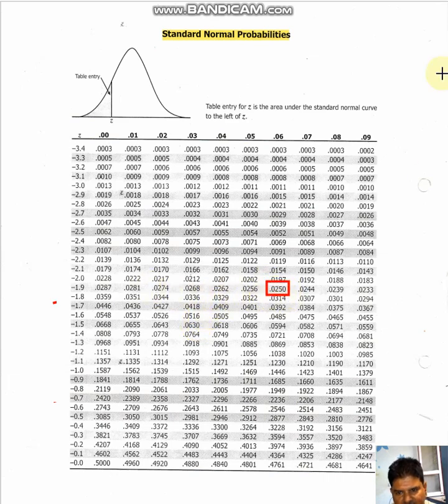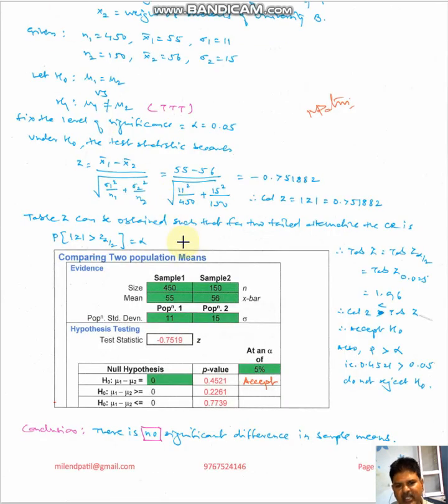The corresponding value of Z in this case is minus 1.9 and 0.06. This is the intersect point. So the corresponding value of Z now becomes 1.96. Since this is minus 1.96, but the normal distribution is a symmetric distribution, the area below minus 1.96 is the same as the area above 1.96.